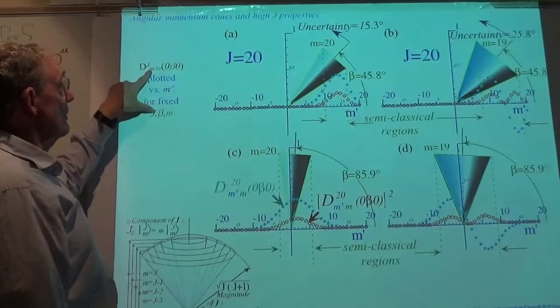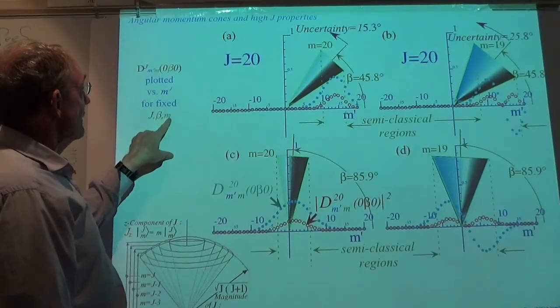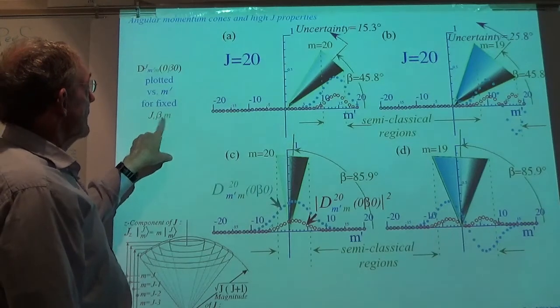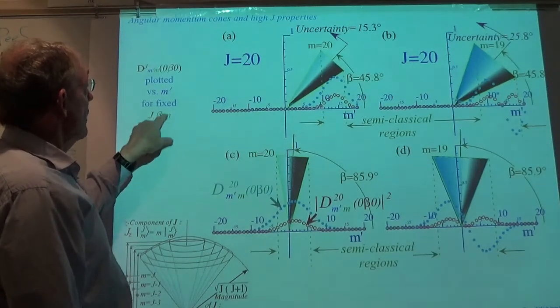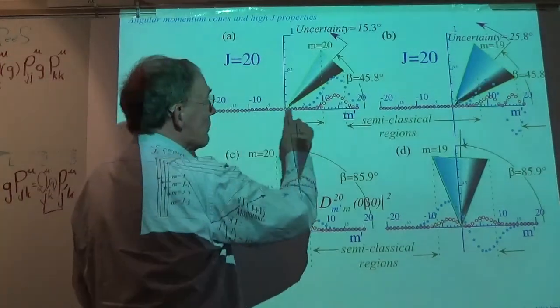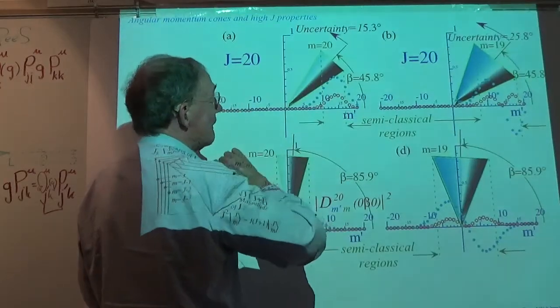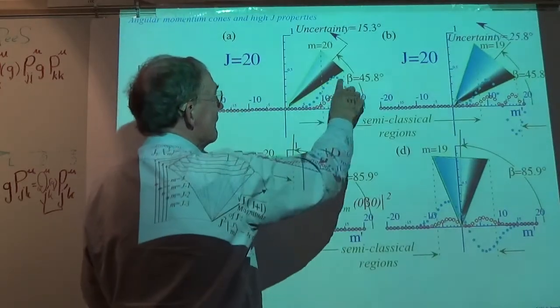That's the first index, the laboratory index, for fixed values, okay, of J, beta, and M unprime right here. So we're going to be plotting versus the quantum number for a fixed angle, okay, and here's what you get.